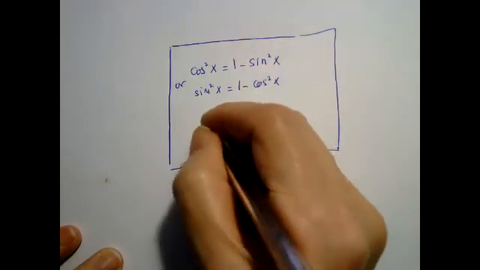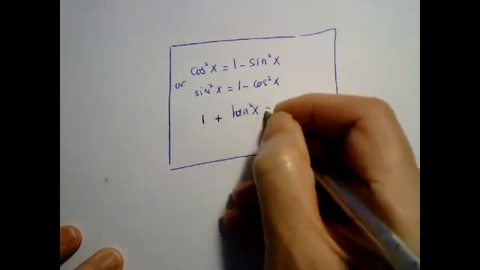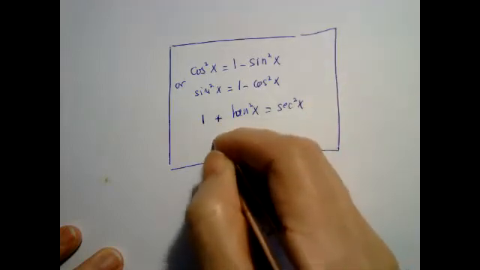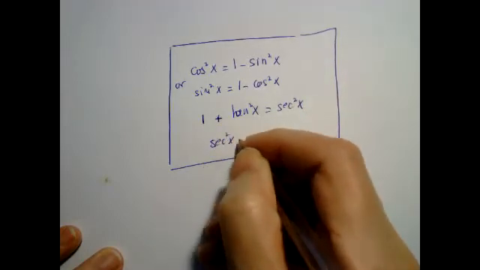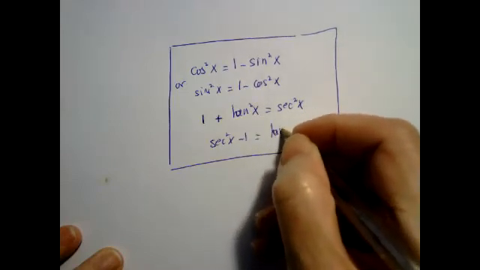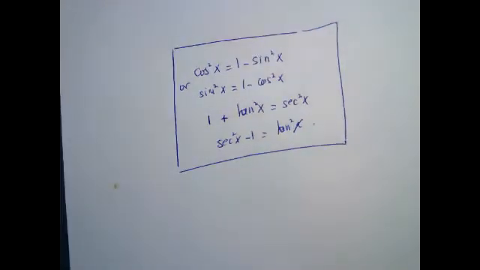And then we have 1 plus tangent squared equals secant squared. And then we have secant squared minus 1 equals tangent squared. Okay. So this will be our guideline for this whole lecture.